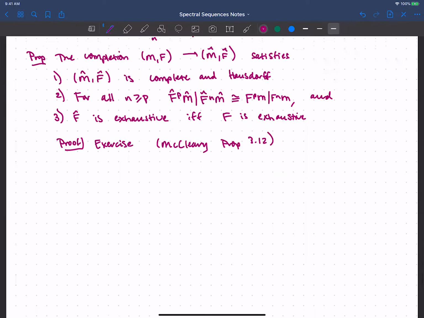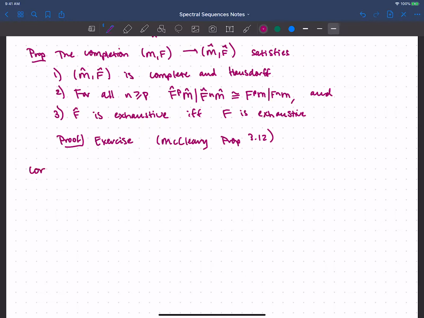Okay, so let me say as a corollary, and then this will be the last piece of this video, that if we had a spectral sequence and it is one that's converging weakly. Okay, so now I'm using weakly in Boardman's terms.